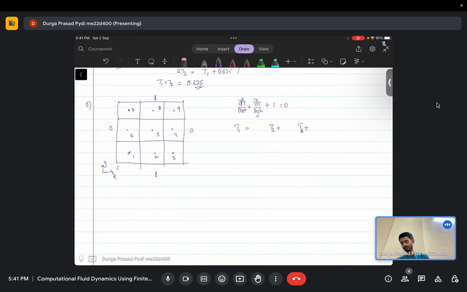So we just take delta x to be 1 and delta y to be 1 just for simplicity. So what will be the coefficient of T1, T2 and T6? T2 coefficients will be in terms of delta y and delta x. So here we have just 1.